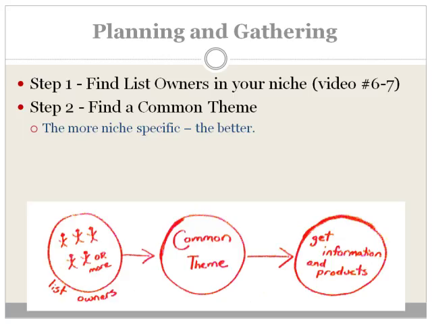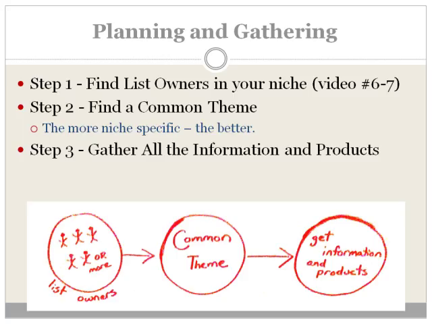The more general it is, it's actually worse, and it actually will hurt your conversions. And of course, after you create the common theme and you get everybody on board, if you've got 5 or 6 or 7 list owners, actually the fewer people, the better, because it increases the quality if everybody in the group has a very, very similar common theme.